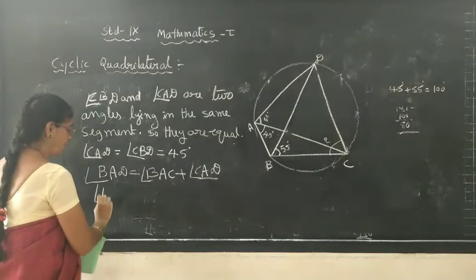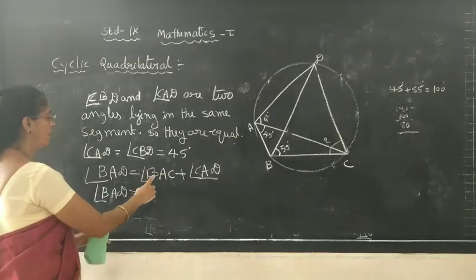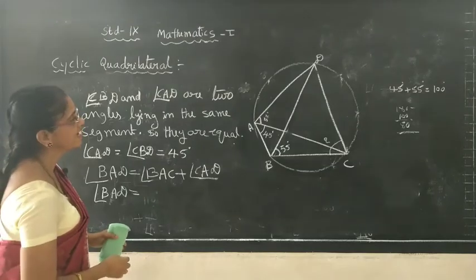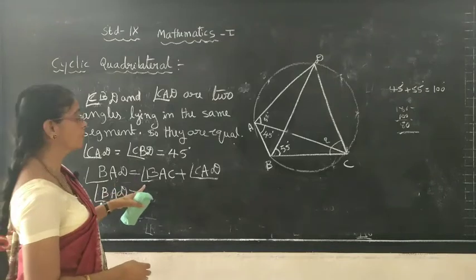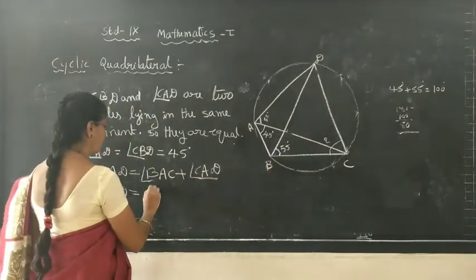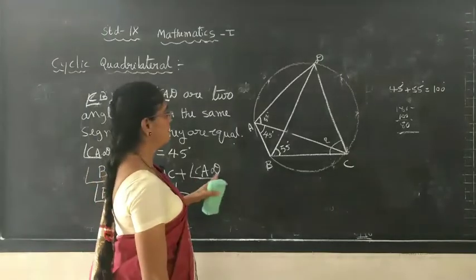So angle BAD is equal to angle BAC, which is given as 45 degree, plus CAD.